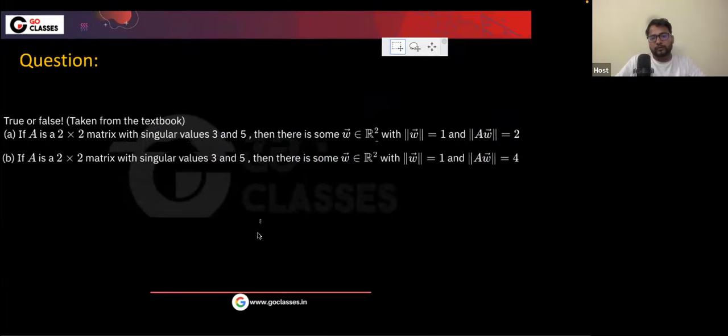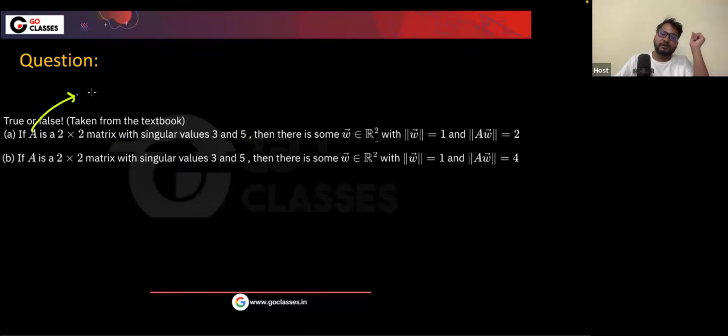See, the maximum length of Aw will be 5 into w and the minimum length will be 3 into w. It will be determined by the 3 and 5. Actually, the length doesn't change. I'm not considering this U and V because length and these things don't change with U and V. I'm only considering sigma because sigma is the real thing which changes the length, right?